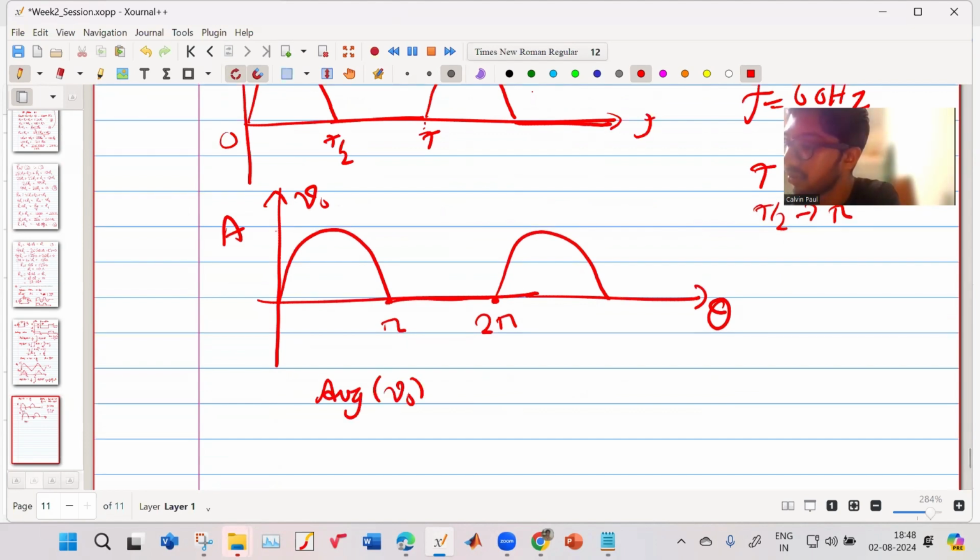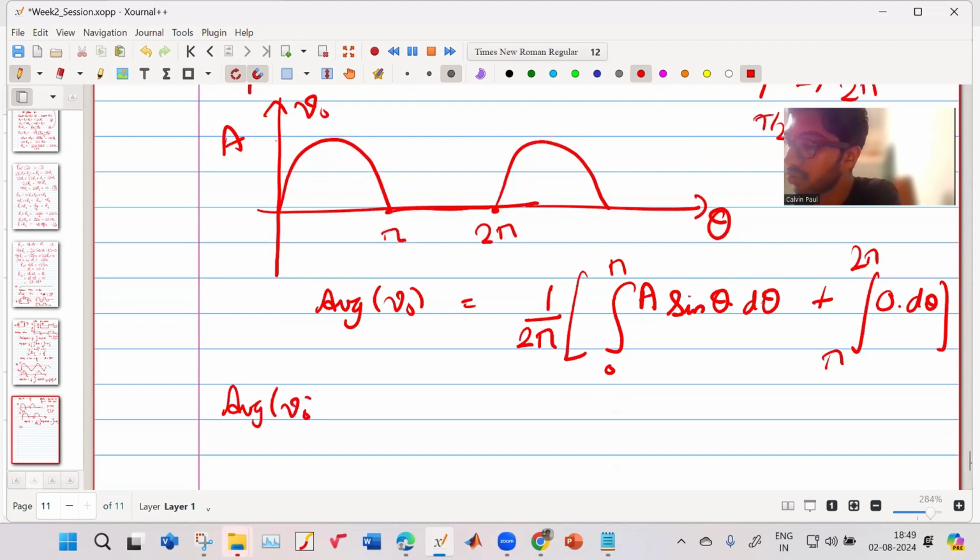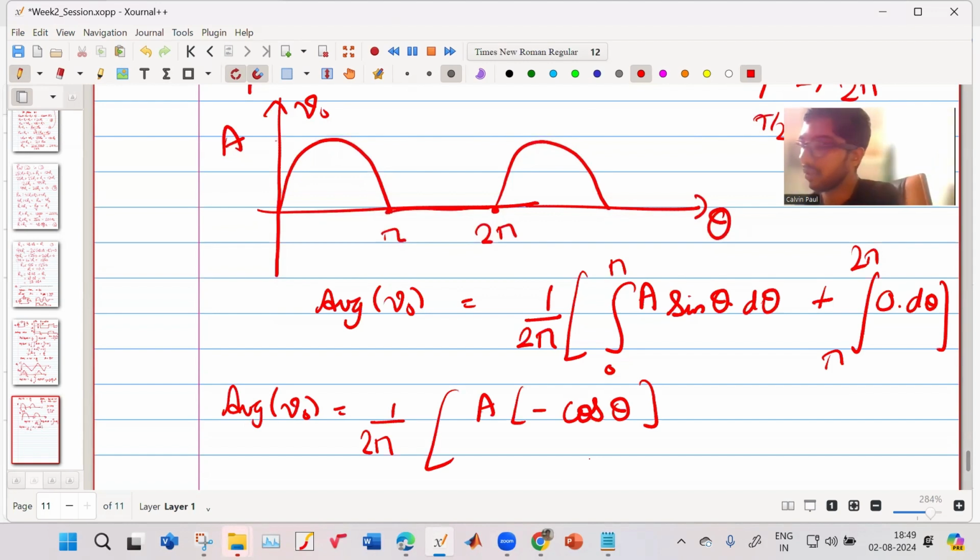So your average of V output is equal to 1 by 2 pi, integration of 0 to pi, A sine theta d theta. For the remaining time, from pi to 2 pi, the value is 0 into d theta. So average of V output is 1 by 2 pi, A comes out, and what is the integration of sine theta? It is minus cos theta, and the limits are from 0 to pi, plus 0 which you can ignore.